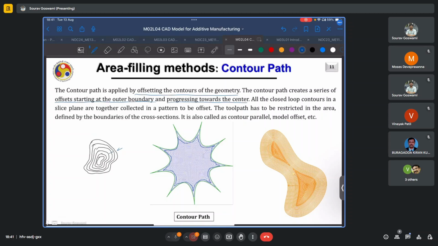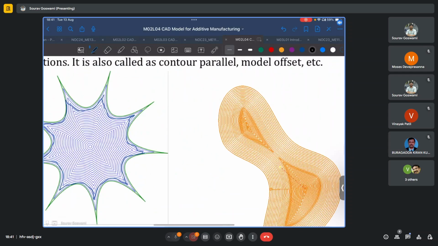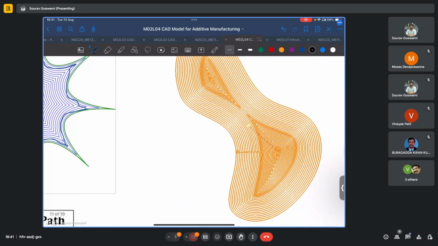However, the downside, as you might guess, is that for some complicated patterns, such as one shown here, you can have voids, as I am trying to highlight using this black ink.